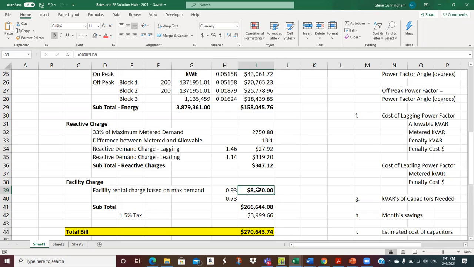That's because they're taking their power at fairly low voltage. They're not taking that 161 kilovolts. I don't blame them. I wouldn't want any of that stuff around. If you add all that up and then take 1.5%, you get about $4,000.